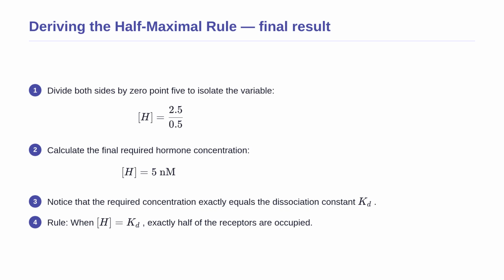This beautifully illustrates a fundamental rule of molecular endocrinology. When the hormone concentration exactly equals the dissociation constant, exactly half of the receptors are occupied. Understanding this mathematical relationship allows medical professionals to treat patients with incredible precision.